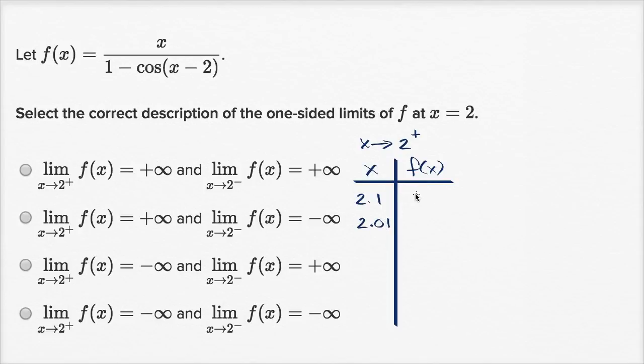Now, the reason why I said calculators, these aren't trivial to evaluate, because this would be 2.1 over 1 minus cosine of 2.1 minus 2, which is 0.1. I do not know what cosine of 0.1 is without a calculator. I do know that cosine of 0 is 1. So this is very, very close to 1 without getting to 1. And it's going to be less than 1. Cosine is never going to be greater than 1.